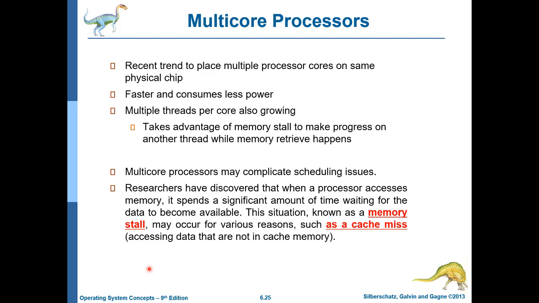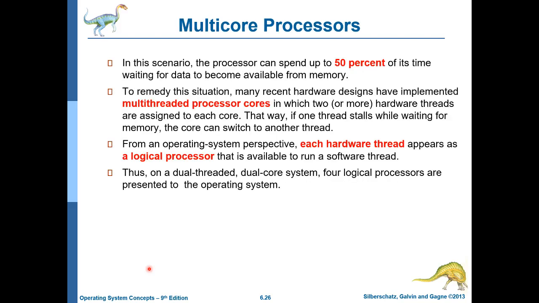This memory stall affects your scheduling scheme such that you can do a context switch and bring in another process. So it means that the processor is working on multiple threads almost at the same time.